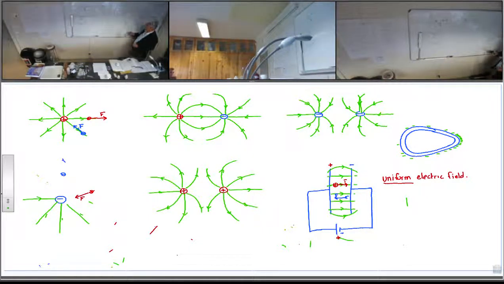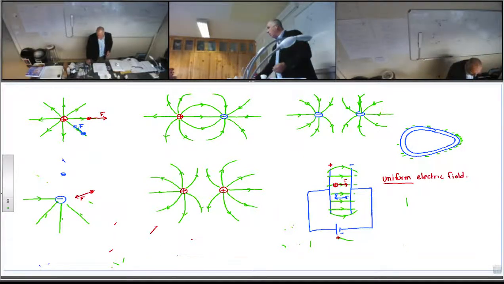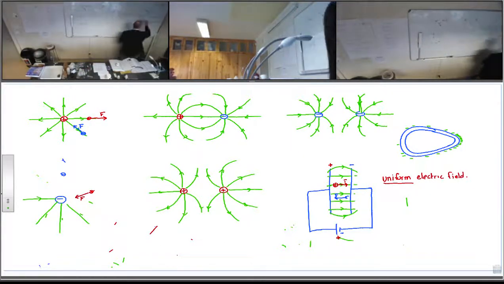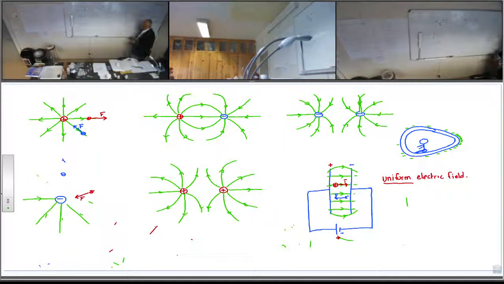Now what if this was a car, and you were sitting in this car? Okay, there you are, sitting in the car. Would you get shocked? Let's say lightning struck that car, it was all charged.